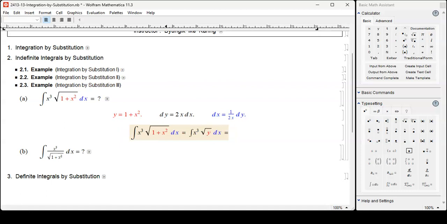So this is y, and this is going to be substituted by 1 over 2x dy. And then we have x and x cubed here, so we'll have a simplification like this: 1/2 x squared and square root of y dy.